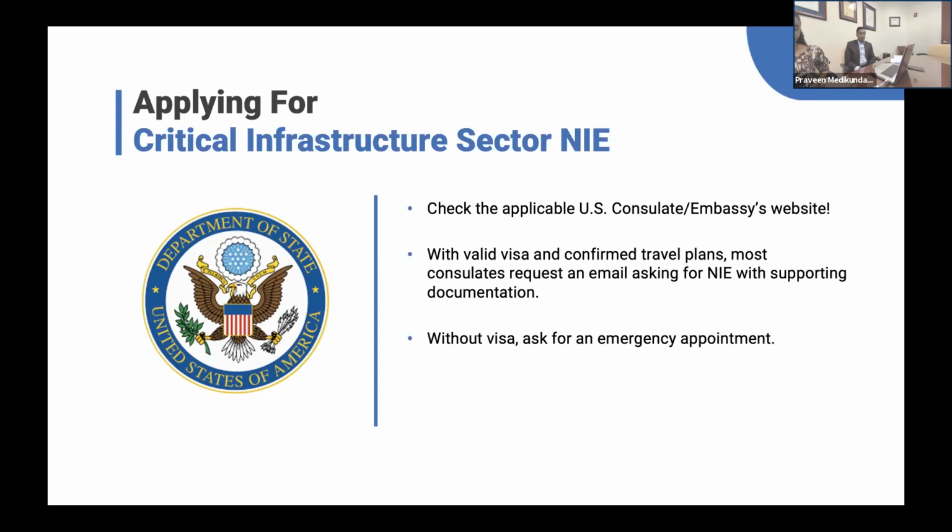Then, if the resource does not have a visa before they have to apply and travel, another step is to request an emergency appointment. The emergency appointment criteria would be different for each consulate and based on their priorities, and of course the factors that you mentioned for a national interest exception under critical infrastructure could also help you get an immediate emergency appointment.